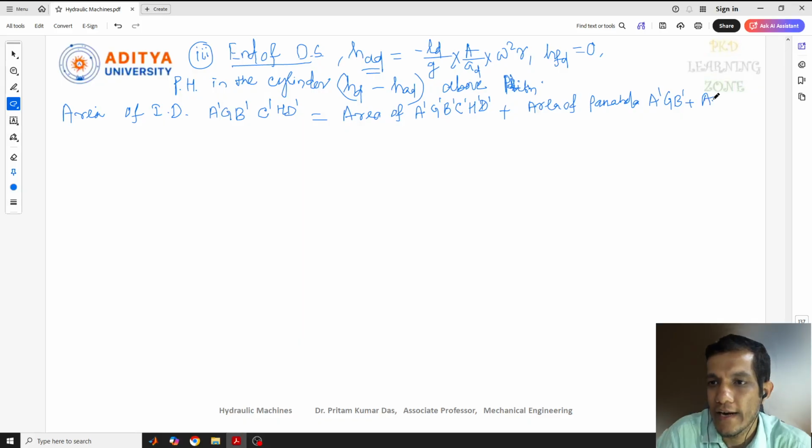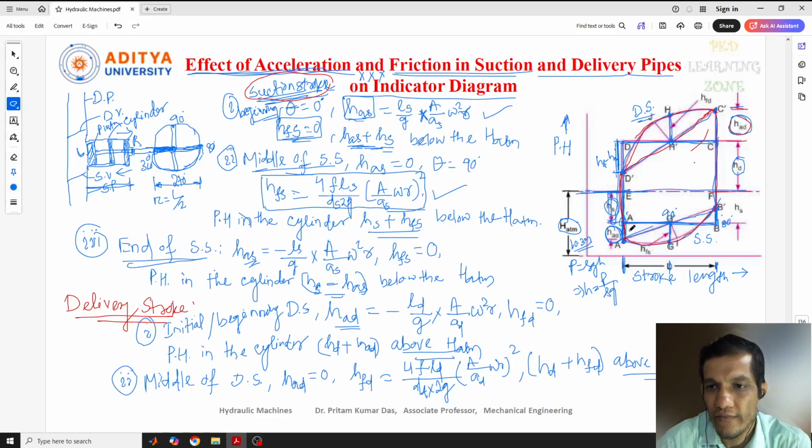This is suction, and on the other side we also have the delivery. So the area of the parabola is C dash, H, and D dash, I hope. Yeah, so let me again see here. Now see what I have taken here.